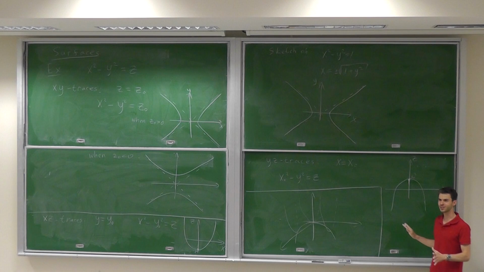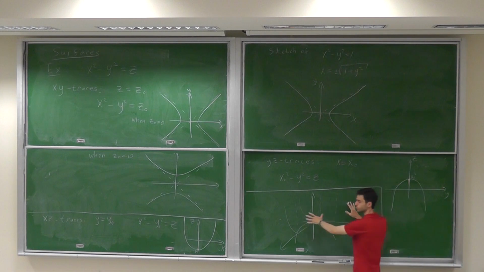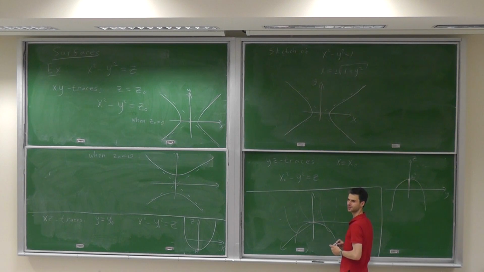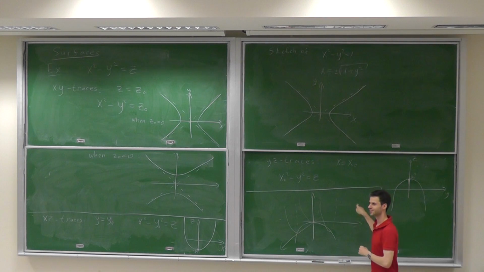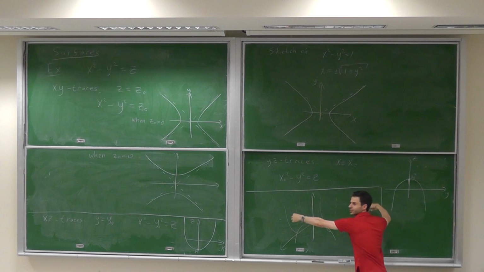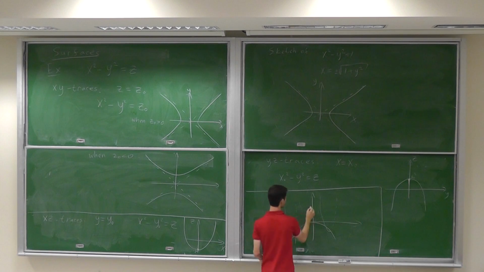And maybe to try to imagine even better how this whole shape looks, think now about horizontal sections. Horizontal sections look like hyperbolas. So they look like this, and the second branch goes into the board like this. So horizontal sections look like this.